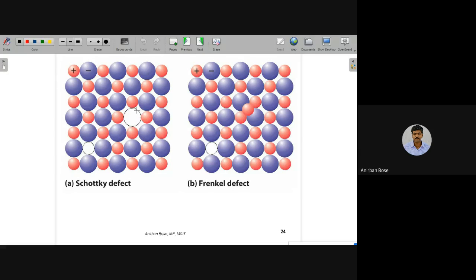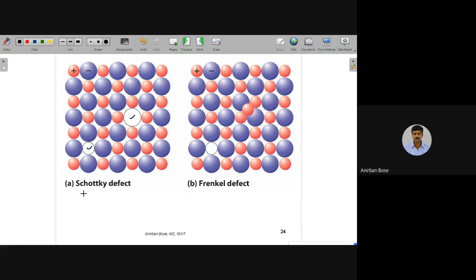The missing anion is not necessarily close to the missing cation; it can be in some other place, as you can see in this diagram. If one anion and one cation are missing from the whole structure, it is called a Schottky imperfection.